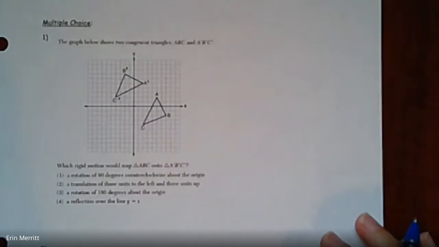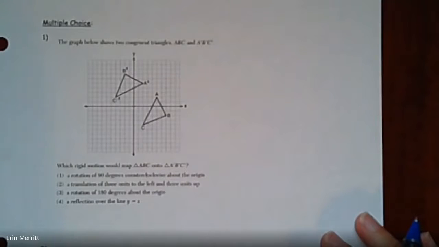It says which rigid motion. So rigid motion is an idea of a translation, a rotation, a reflection. And we'll talk about all of those transformations soon enough. But it says which rigid motion would map triangle ABC onto triangle A prime, B prime, C prime.